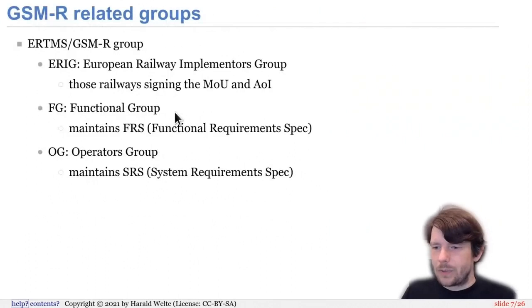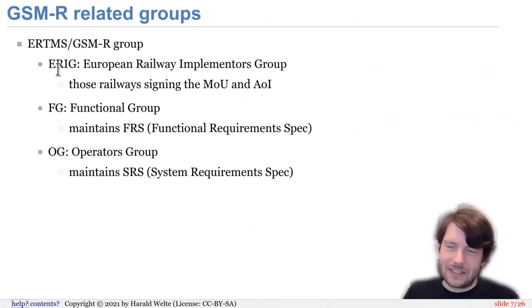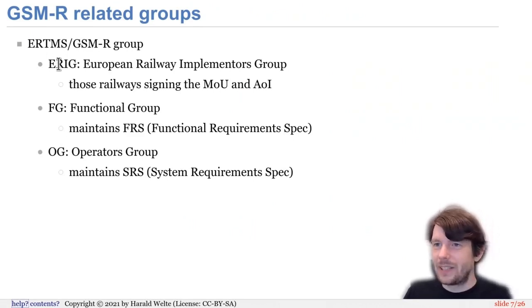So what kind of groups do we have involved today? It's basically the ERTMS/GSM-R group, which is divided in 3 groups. One is the ERIC, and anything starting with E in this context means European, as opposed to LTE, where everything starting with E means evolved. So ERIC is the European Railway Implementers Group, which is those railway companies that have signed this MOU and AOI.